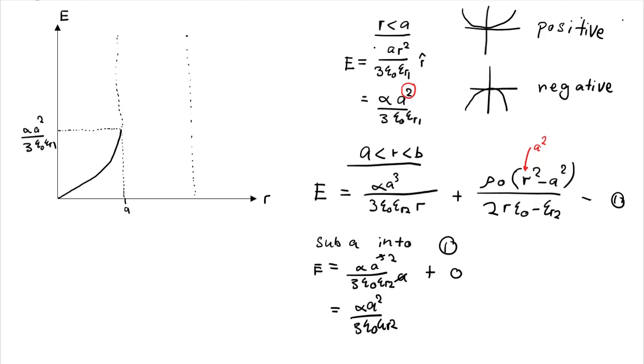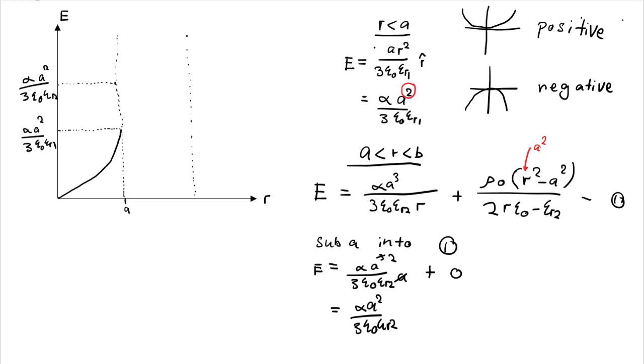It's not connected, so it might be somewhere around this point. You can just draw a dotted line there, and we can just say that this is alpha A square over 3 mu naught mu r2.